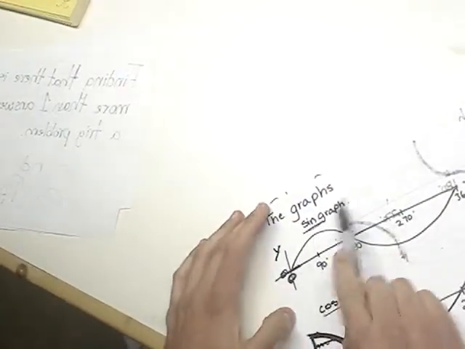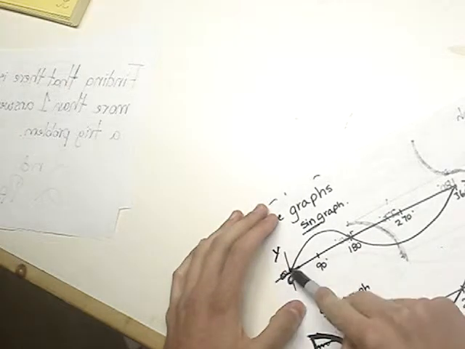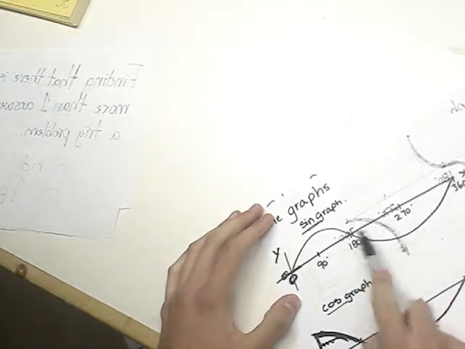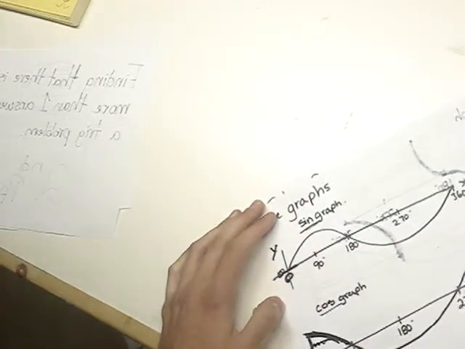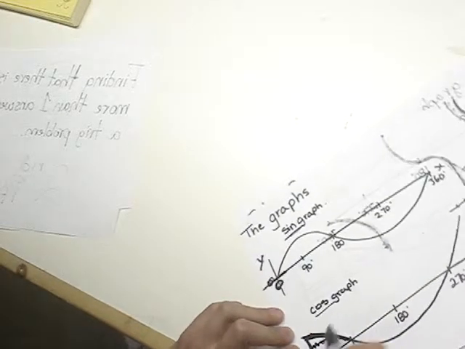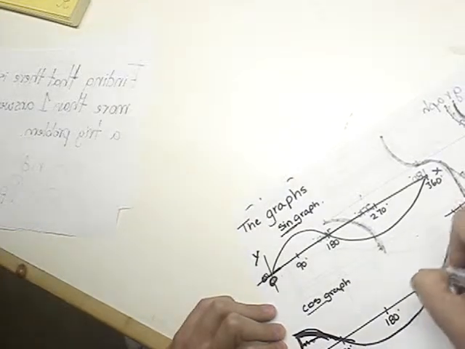So the sine graph starts from 0, 0, curves up, touches 180, curves down and starts to go back up to 360. The cosine graph, sorry I made a little mistake here, forget about that right there. The cosine graph curves down, touching 190, going up, hits 270, and continues.